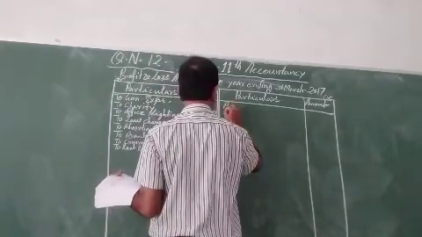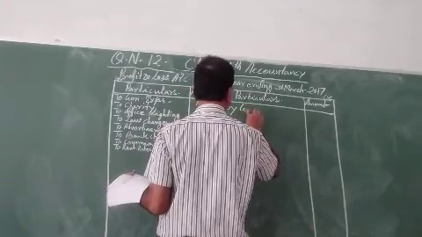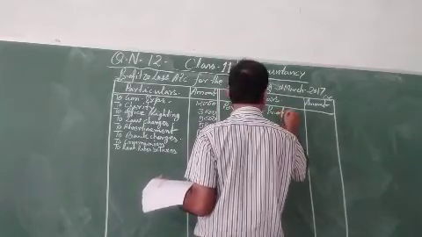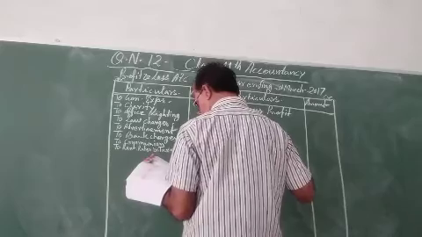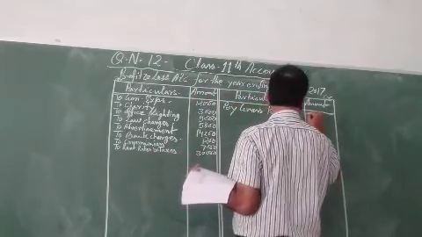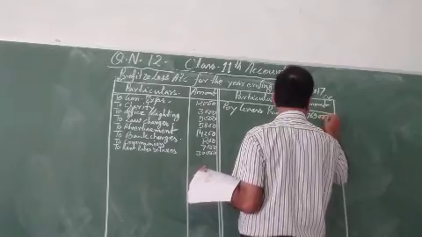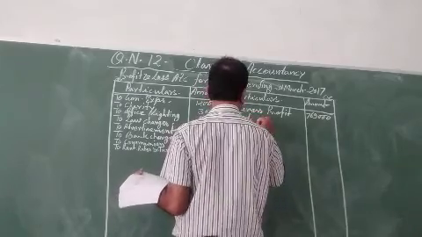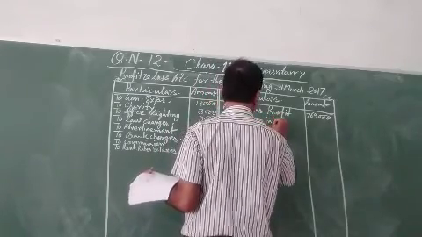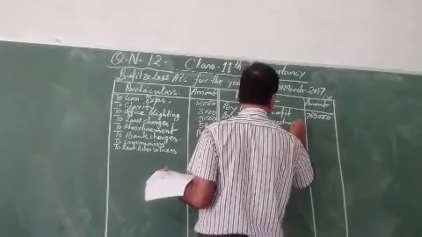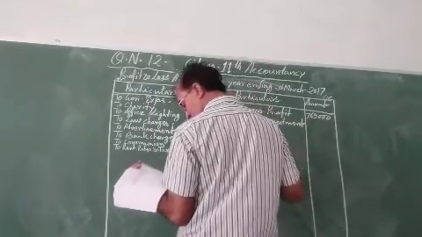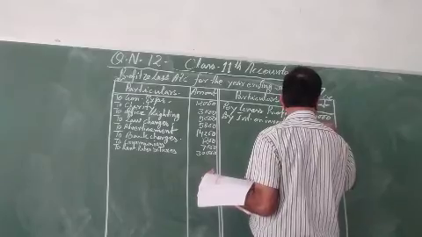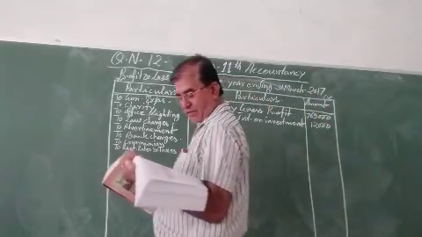By gross profit, that is given 7,69,000, by interest on investment, that is given 12,000, just received, that will be credited in the profit and loss account.